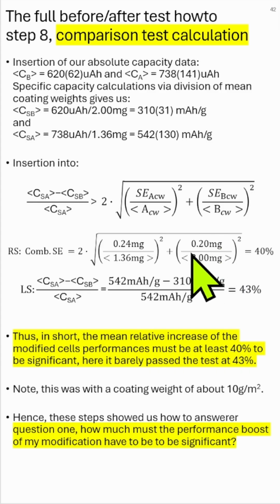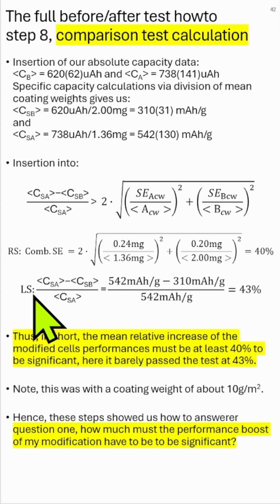So that was 10% relative error. Take that in square and we add that to this other relative error, which for the after modified set was 0.24 milligram in standard error divided by the mean coating weight 1.36 milligram. All that, sum them up, square root of that times 2. Then we get 40%. So that means that the improvement to be statistically significant must be larger than 40%. Otherwise, it's not statistically significant, that increase we're demonstrating.